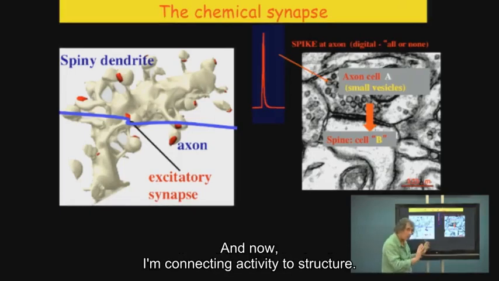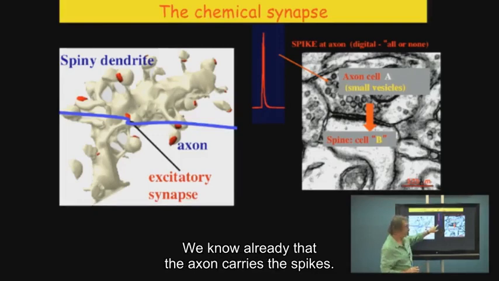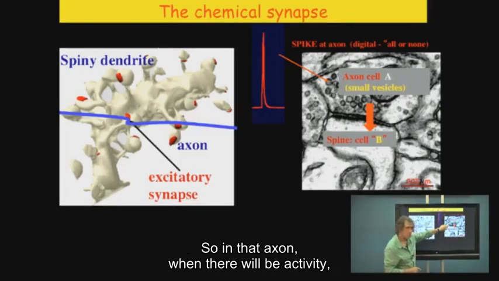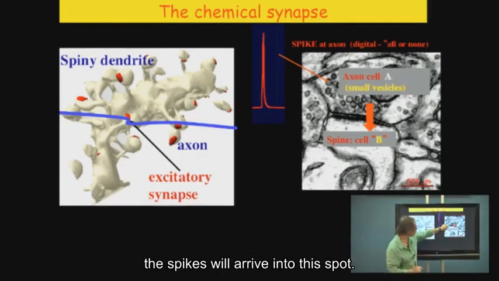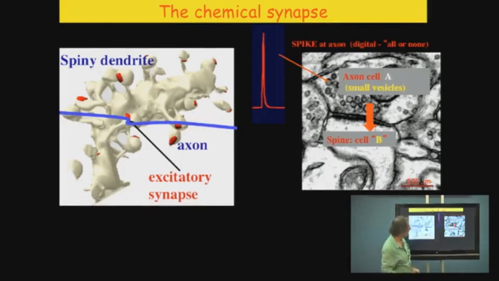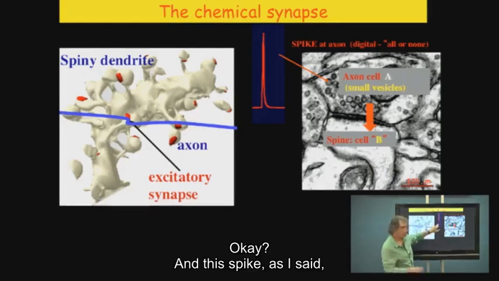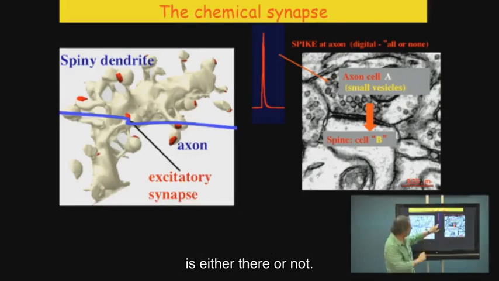And now I'm connecting activity to structure. We already know that the axon carries spikes. So in the axon, when there is activity, spikes will arrive into this spot. And this spike, as I said, is either there or not.